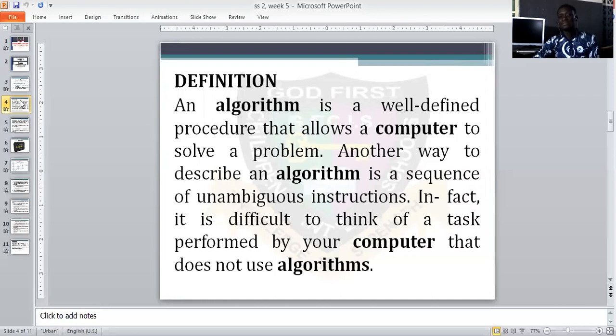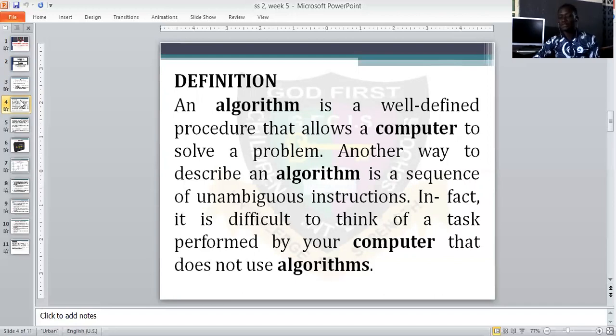The plan that allows you to solve a problem is what we call algorithm.